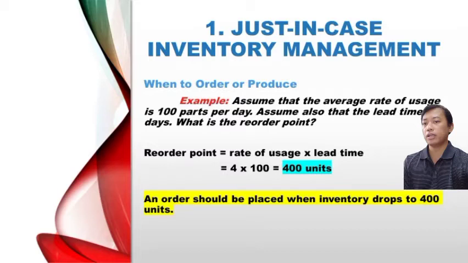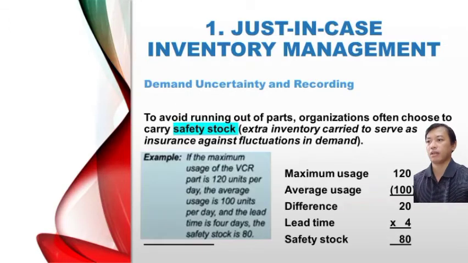So 4 times 100 is equal to 400 units. Now, an order should be placed when inventory drops to 400 units. If the units drop to 400, that is the time that we're going to reorder again.